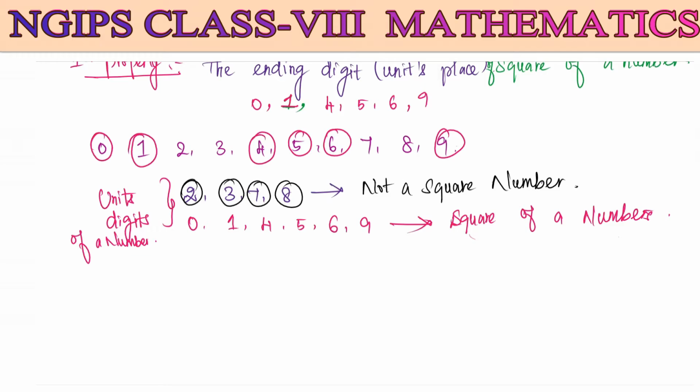When the unit digit is 2, 3, 7, 8 for any number, it will not be a square number.